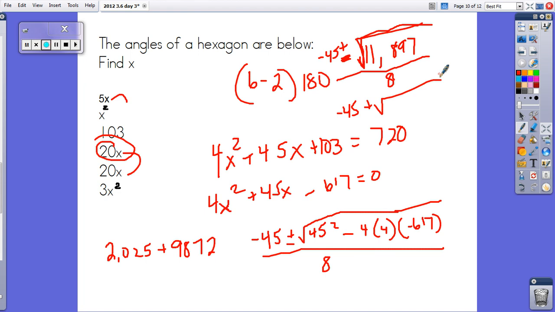And that's going to get me about a positive 64 divided by 8. And you end up with x is about, it actually works out to be 8.00917. So I'm going to say x is about 8. Now, if you were to find the individual angles, you couldn't use the rounded answer. You'd have to keep it in your calculator and make sure that you multiply 5 times the real answer.